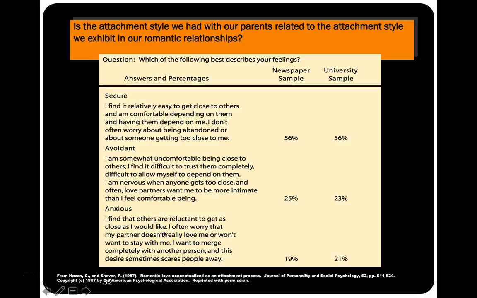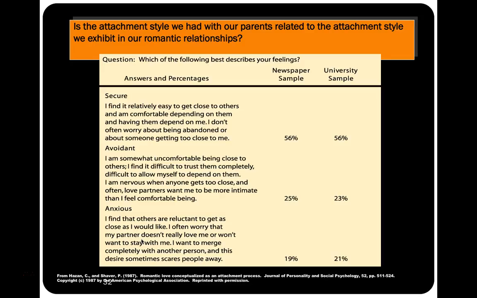And then about 20% in both samples, remarkably so, agreed with this description of the anxious attachment person. Not that these terms were used in the description, just the description was given. I find that others are reluctant to get as close as I would like. I often worry that my partner doesn't really love me or won't stay with me.